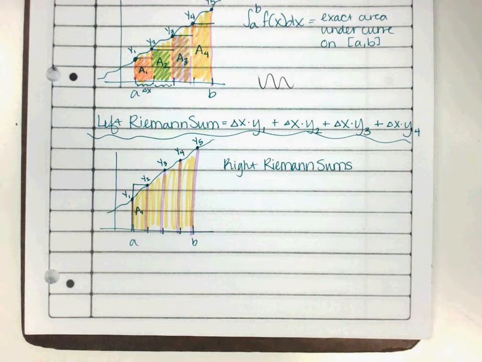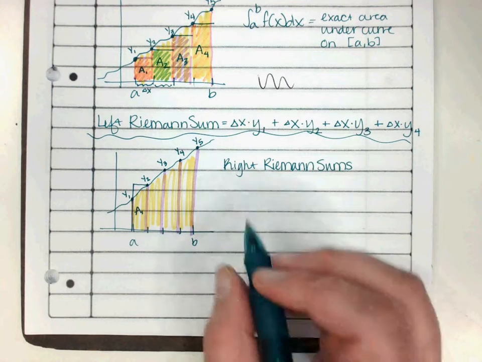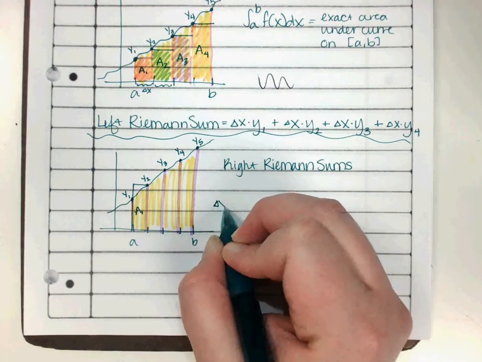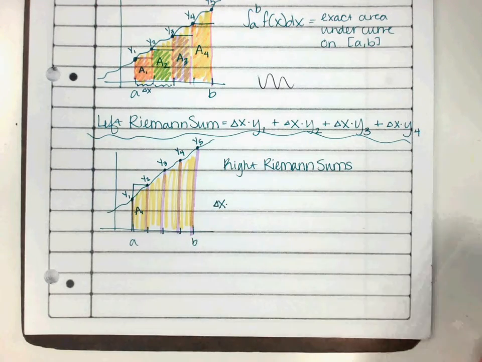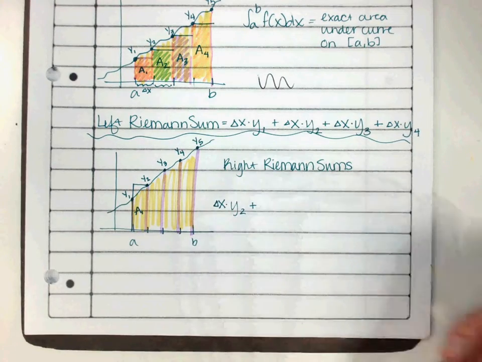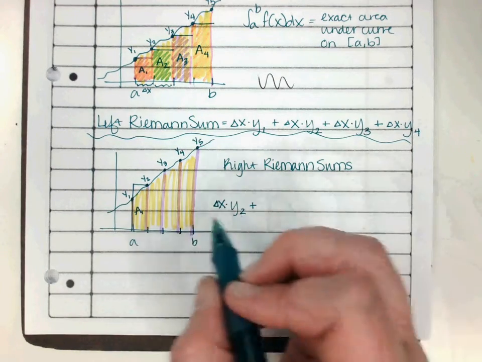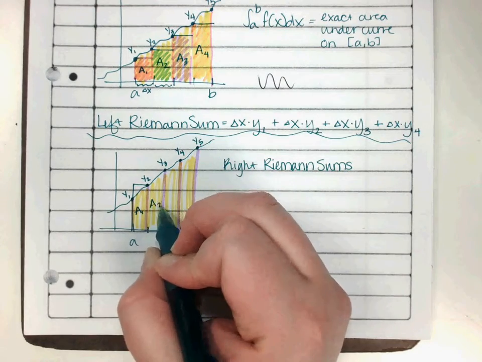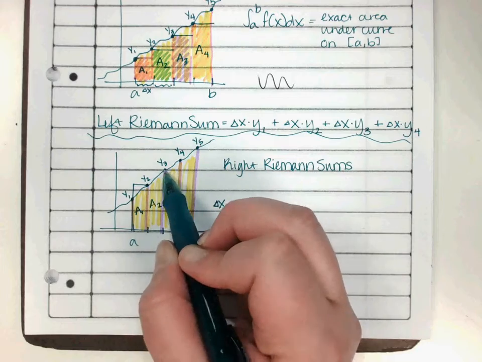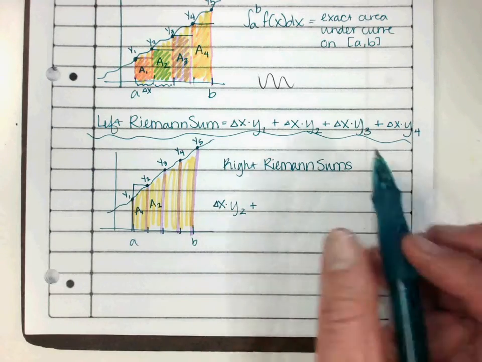Now let's find the area of that rectangle. How wide is it? Delta x. And then how tall is the rectangle? Y2, plus. Next rectangle. Now I'm doing A2 here. Okay, A2 has 2 y values, y2 and y3, but which one am I going to use?